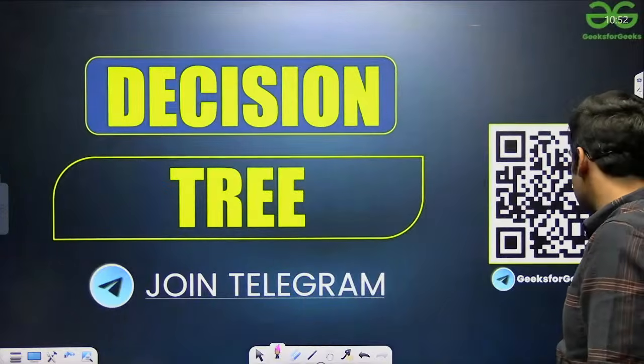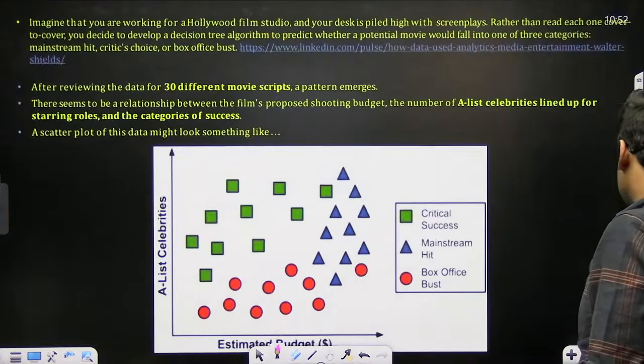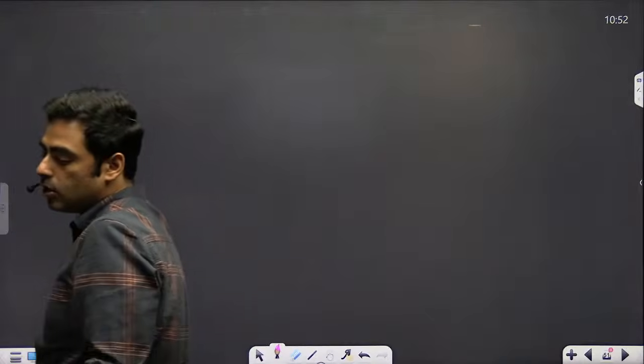This decision tree and random forest is highly suited for non-linear data. We had a limitation with the logistic regression model that we can't use it for non-linear data.